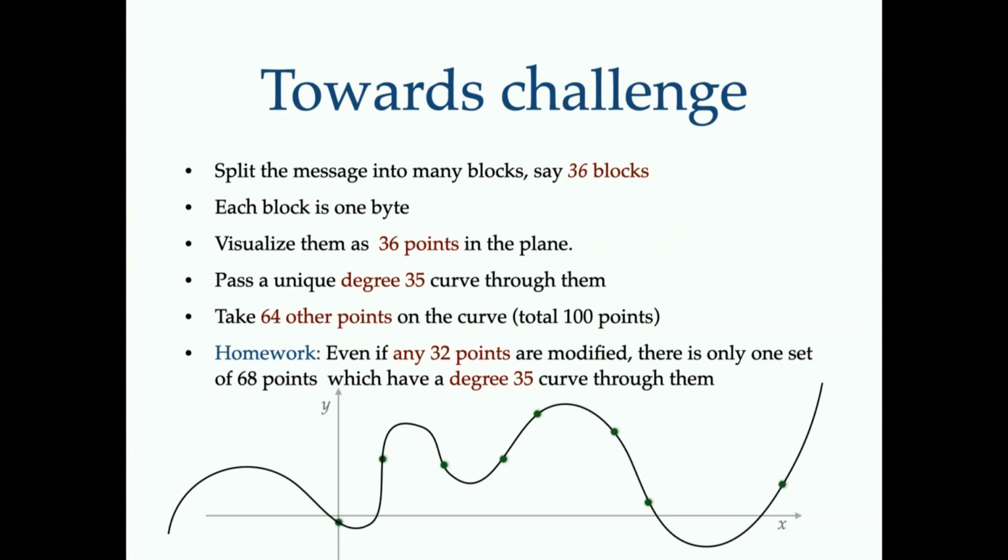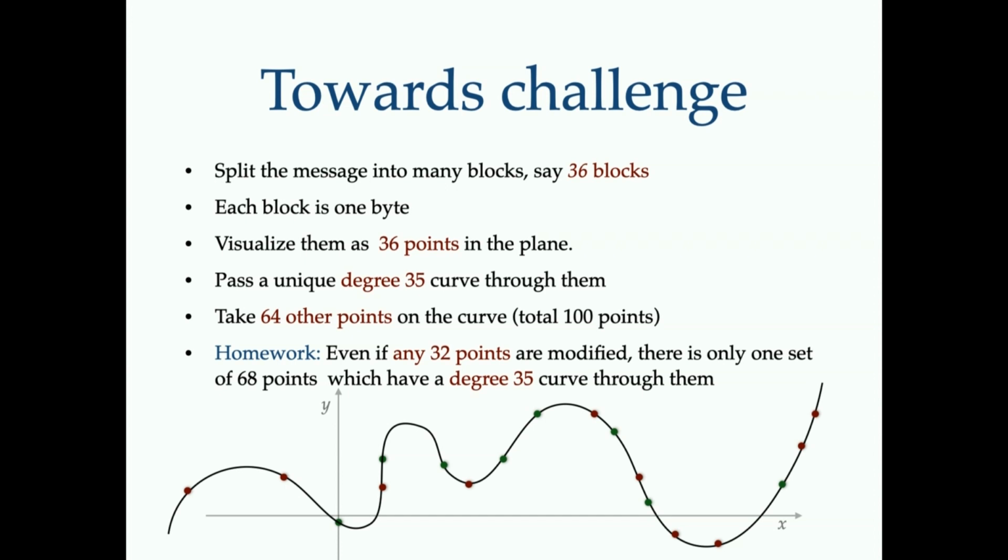So now this is what we need to show. We have taken 64 other points. These red ones are the 64 other points. Now what you need to show, you can go home and prove this: if you delete, or rather modify, any 32 points out of this 100, there is only one set of 68 points which have a degree 35 curve passing through them.